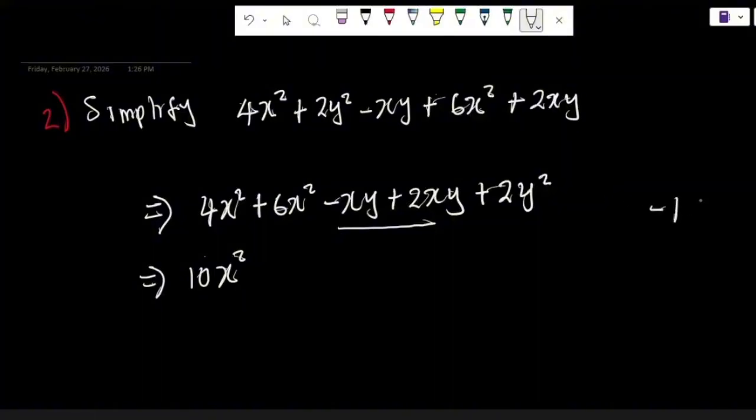It's like negative 1 plus 2, which is essentially 1. But we don't usually write 1. So we just write positive xy and then plus 2y squared. So at this stage, we cannot simplify it further. And so this is our final answer: 10x squared plus xy plus 2y squared.